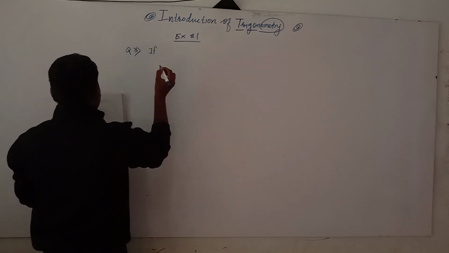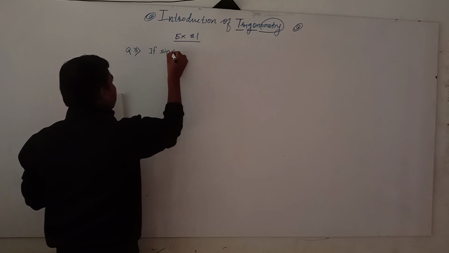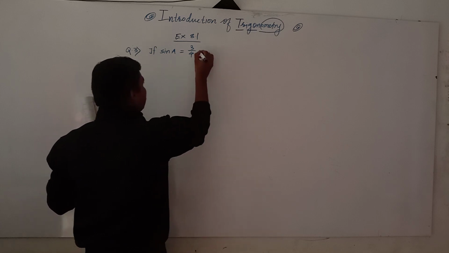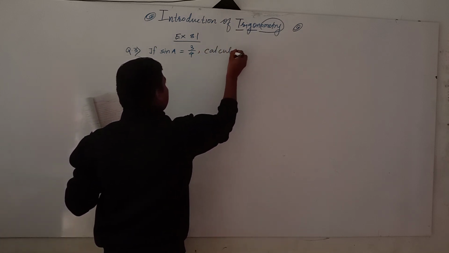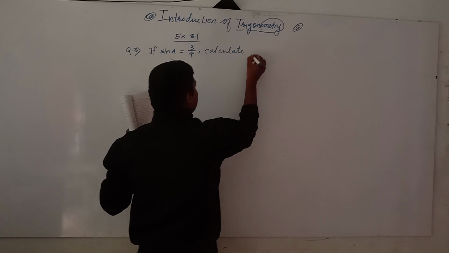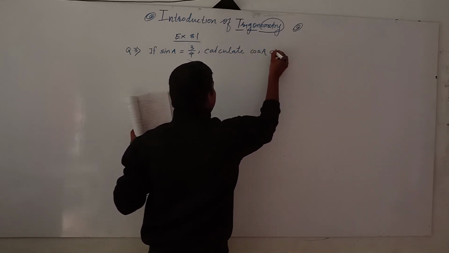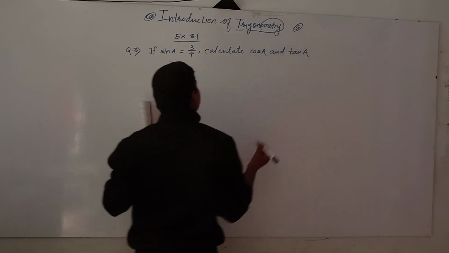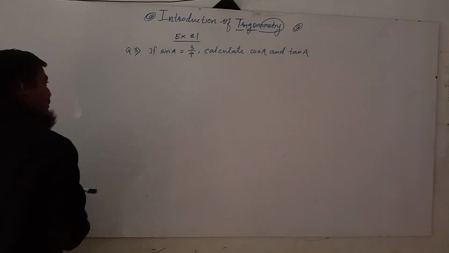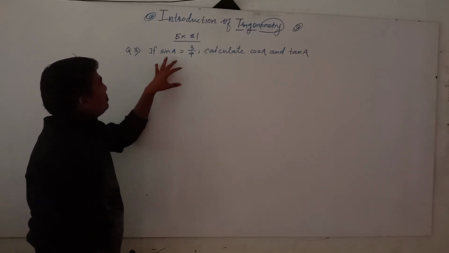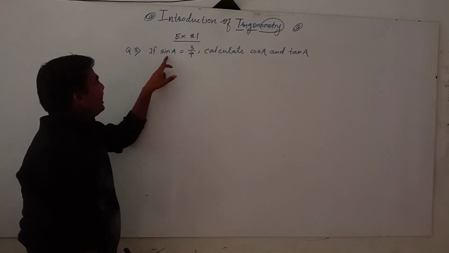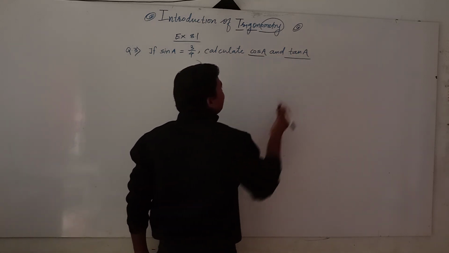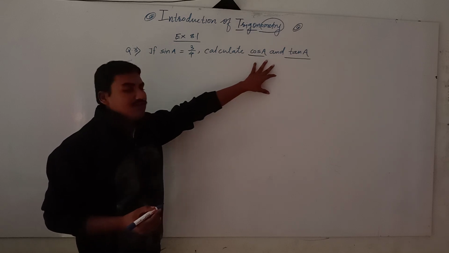If sin A is equal to 3 by 4, calculate cos A and tan A. Okay. The question from your exercise 8.1: if sin A is equal to 3 by 4, calculate cos A and tan A. These two trigonometric ratios we have to find.